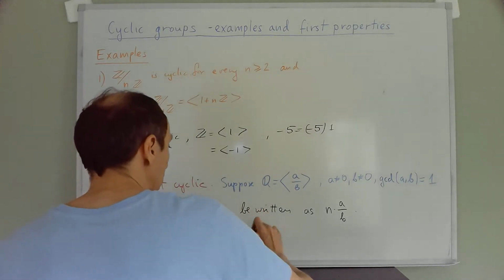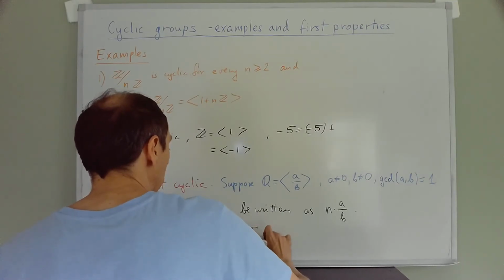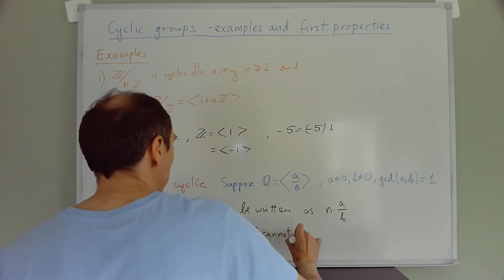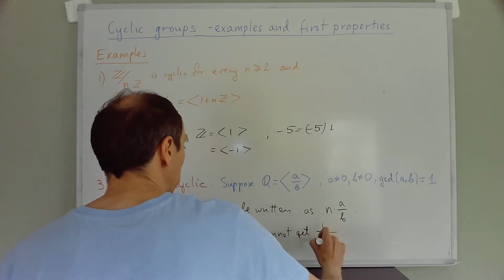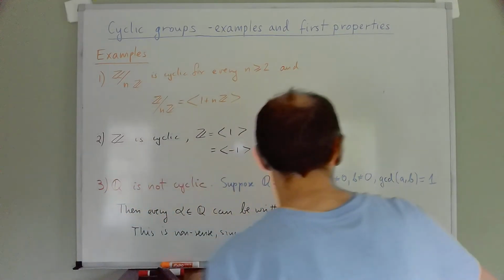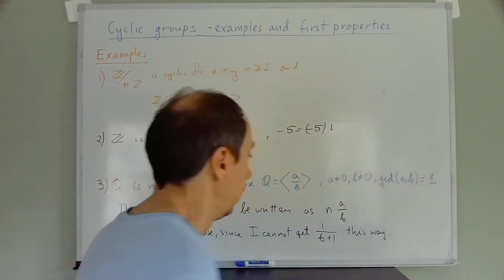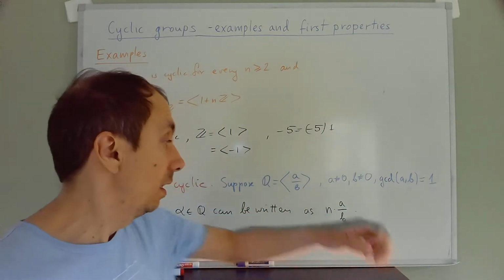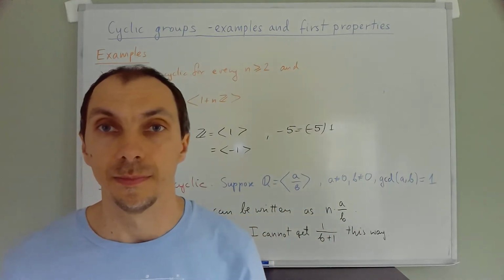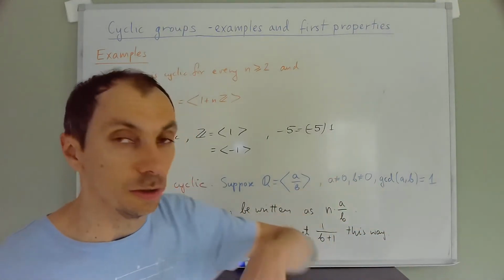I cannot get 1 over b plus 1 this way. Suppose that maybe this b was 5 and the a was 2.